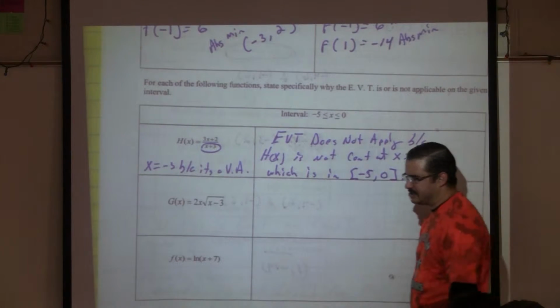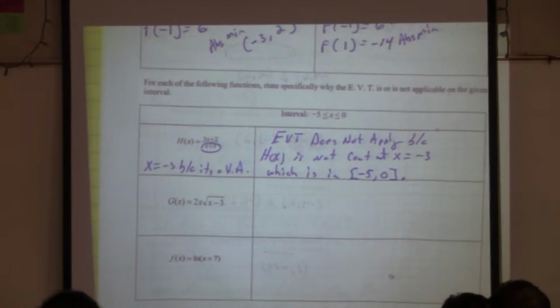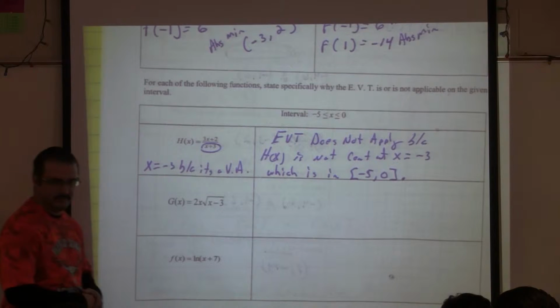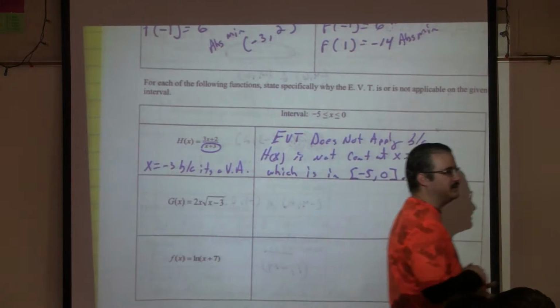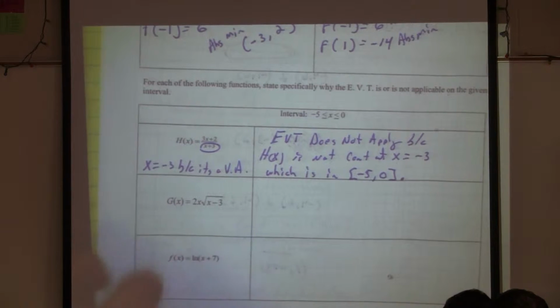I can't apply the extreme value theorem. I can't look for the absolute maximum and absolute minimum in that interval because the extreme value theorem does not apply. It's not guaranteed that there's going to be at least one max and one min, because it's not continuous. How about this one?